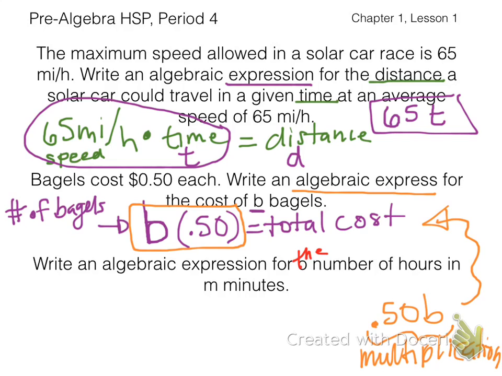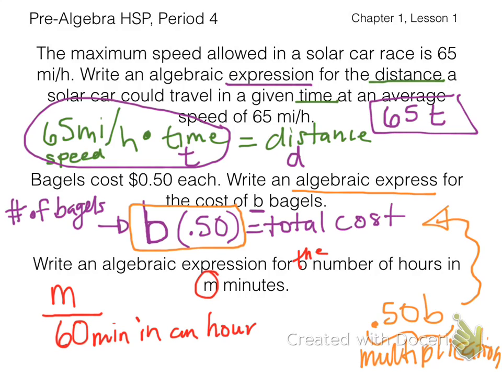So if there is 60 minutes in an hour, and I want to know how many hours there are, what I'm going to do is take the number of minutes I have. In this case, it's m. I really don't know how many minutes I have, and I'm going to stick it over 60. And that's really what they're looking for here.